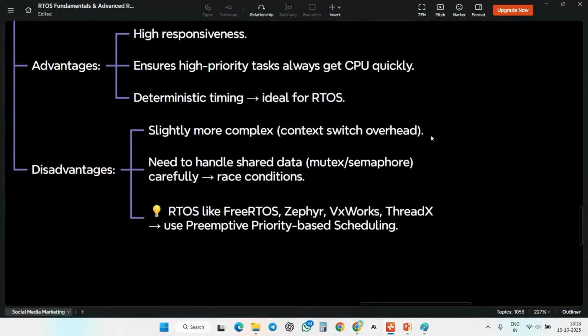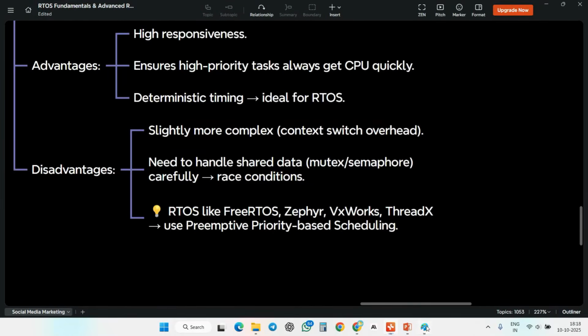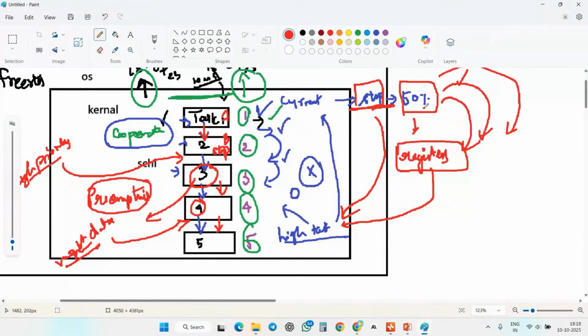Okay, and then we need to handle shared resources. It can also cause problems with mutexes and semaphores because of race conditions. So I need to store the data in this context switching. And what is meant by mutex, guys?